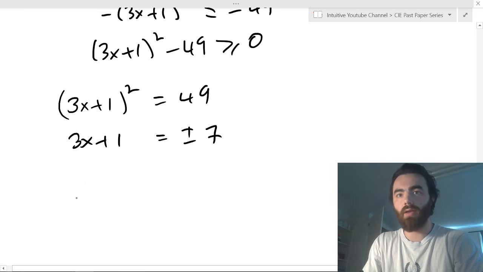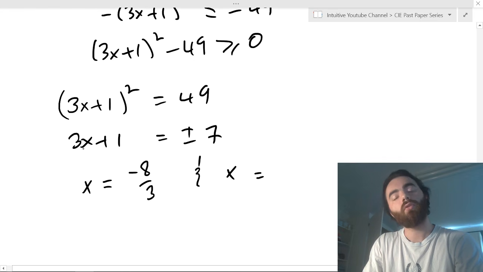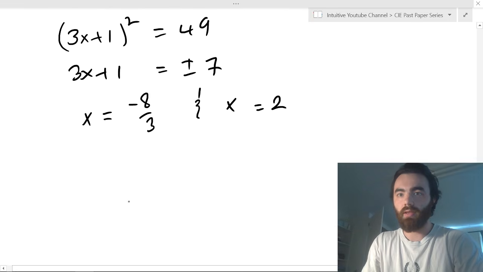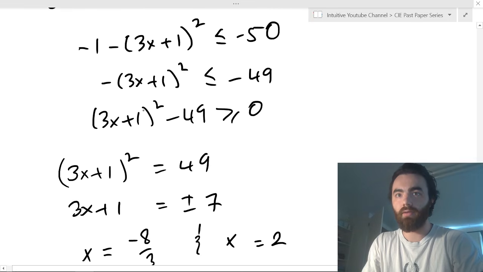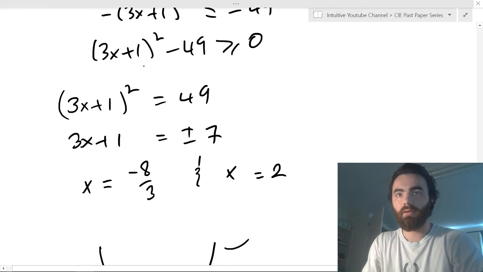So we get 3x plus 1 equals plus or minus 7. So therefore x equals minus 8 over 3, and x equals 6 over 3, which is 2. So we get 2 solutions. And then if we just look at this graph here, we can call this 3x plus 1 squared minus 49.